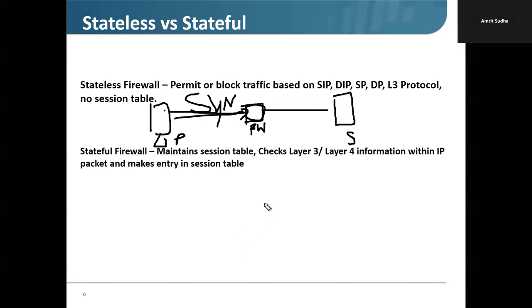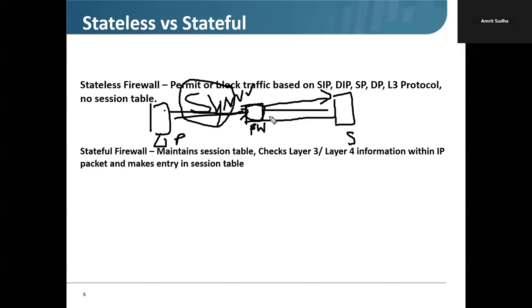The firewall will inspect this entire packet and make an entry in the session table for that particular packet, with all the checks and parameters, as we spoke about in our routing process. The same thing happens here with the firewall: it makes the entry of this send packet request, and after processing it will forward this packet to the server.